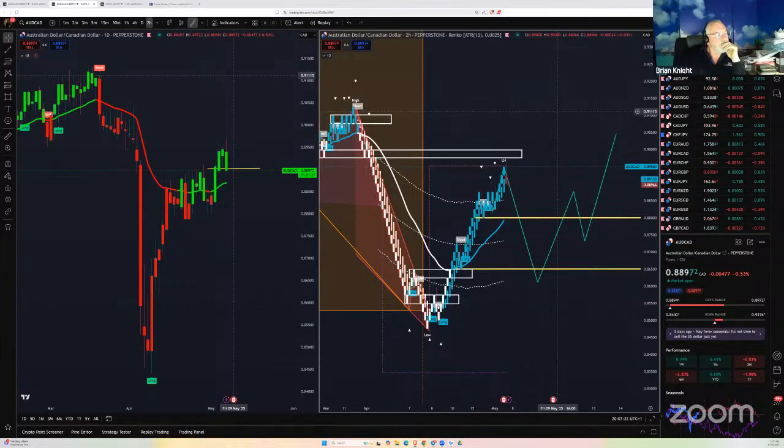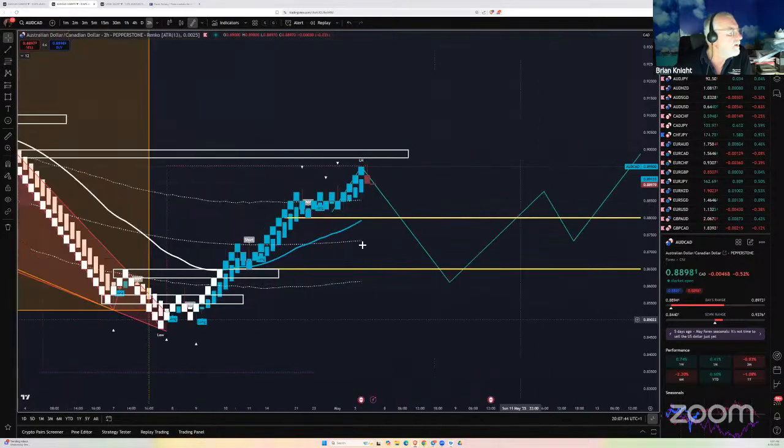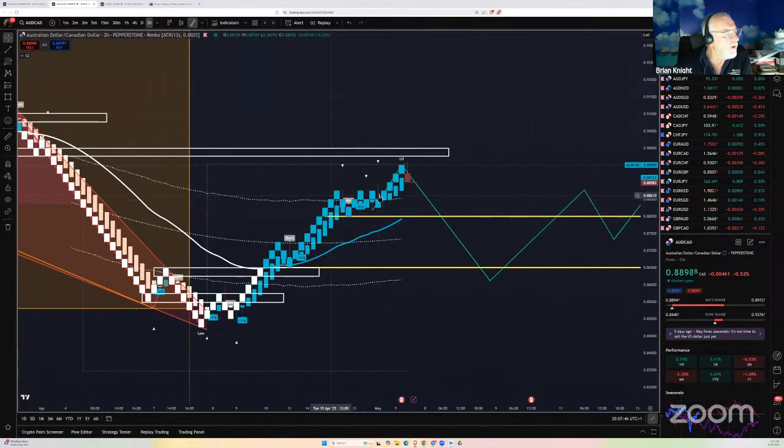And if it does come back, it could be breaking this. Let's put this across here. Where this went sideways here, the potential would be to come down. I suppose the trend bar would start to turn.